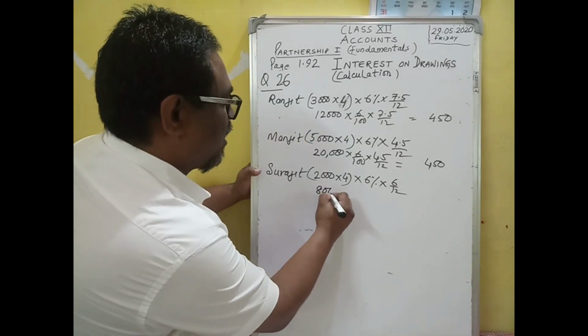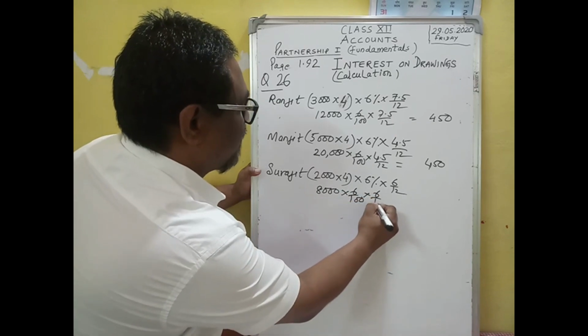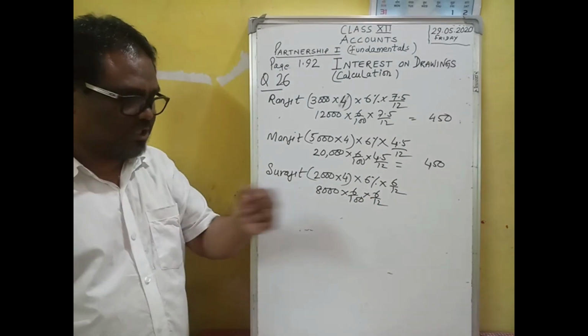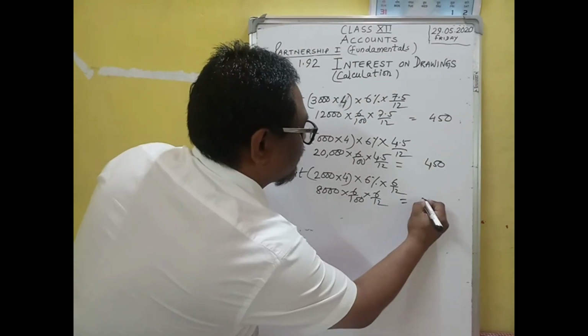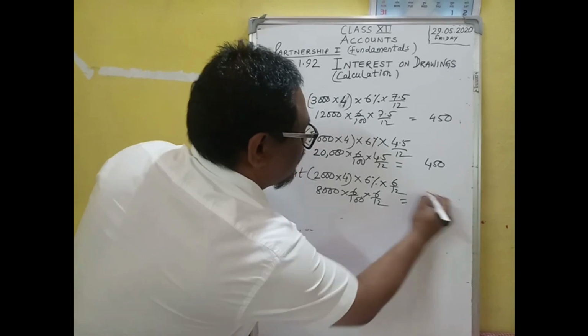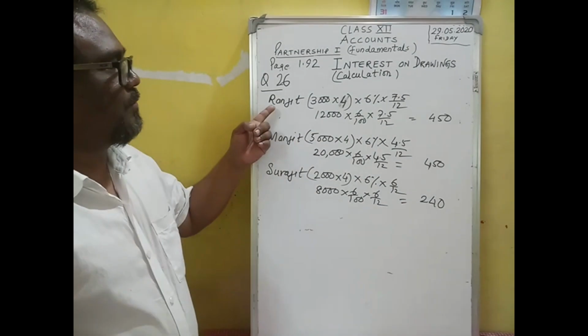For Surajit it is 8,000 into 6% into 6 by 12, so we will get 240. This is how we calculate the interest on drawings.